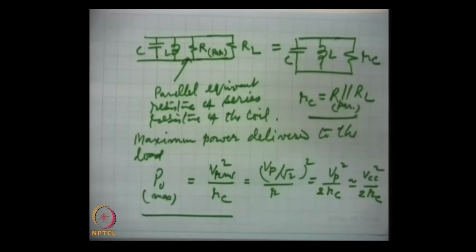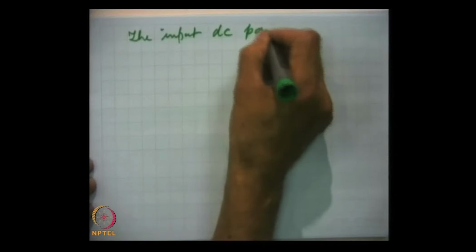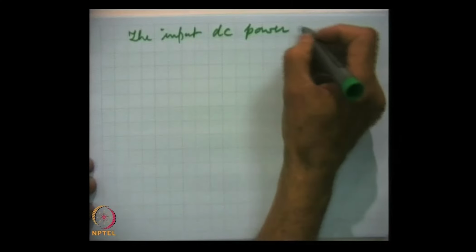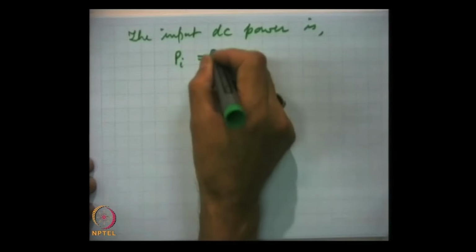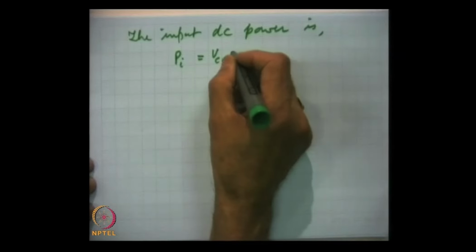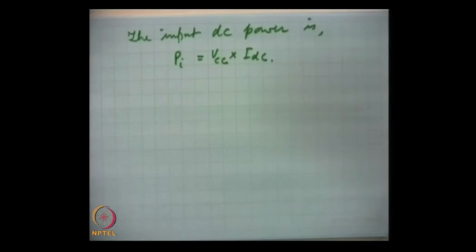available from class C amplifier, and the input DC power Pi is equal to Vcc into IDC, but IDC does not flow for the whole 360 degrees of the input signal.